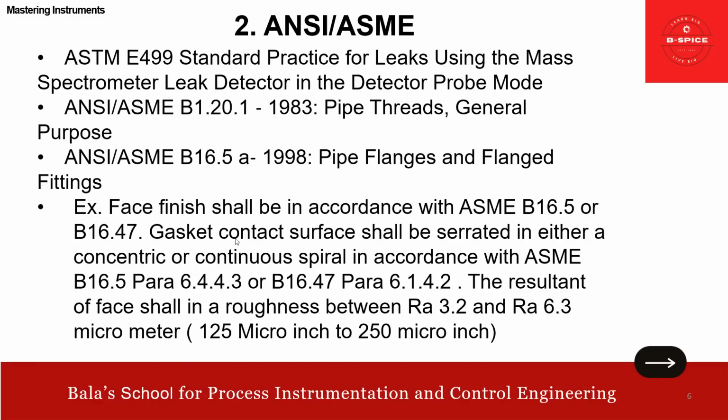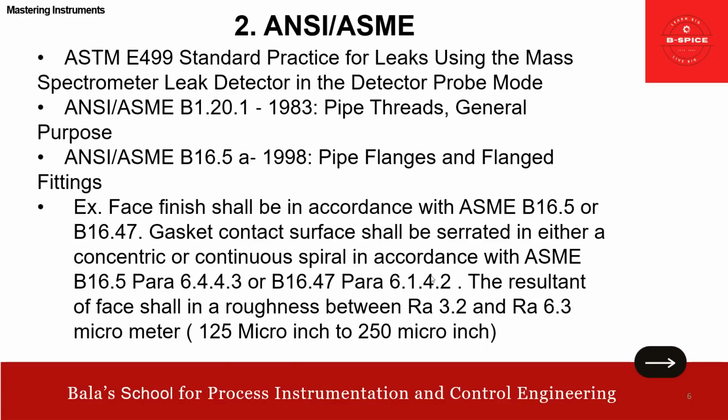Here, the gasket contact surface shall be serrated, either concentric or continuous spiral, in accordance with ASME B16.5 para 6.4.4.3 or B16.47 para 6.1.4.2.